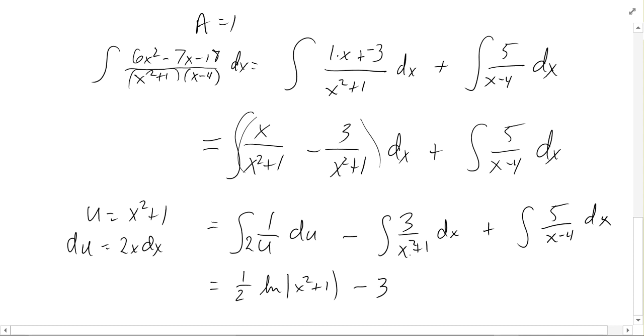This next one, I'm looking at it as 1 over x squared plus 1. Well, that one, there was something whose derivative was 1 over x squared plus 1, and that was the arctangent. The derivative of the arctangent of x is 1 over x squared plus 1. It's kind of like this 1 over u, that the antiderivative is the natural log.